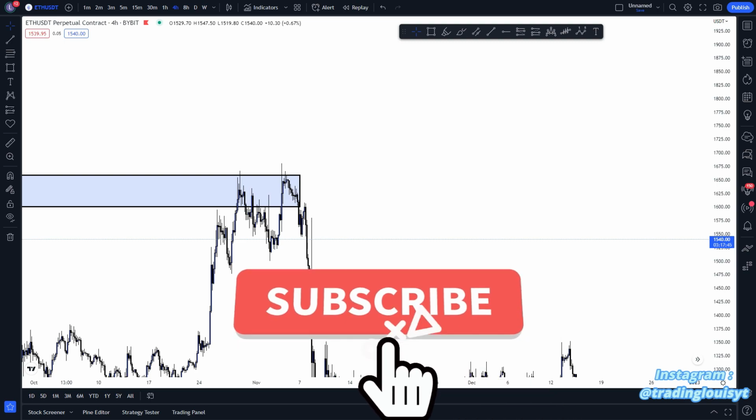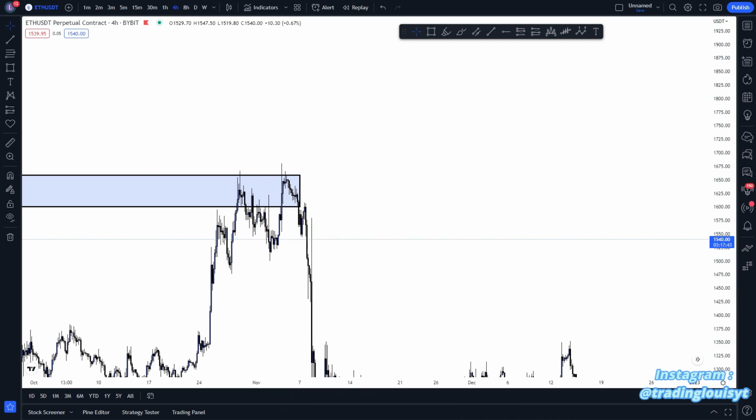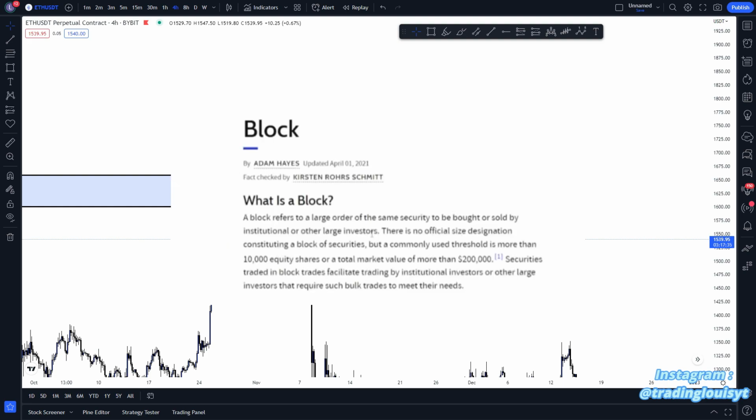So first of all, if we take a look at the definition of an order block, otherwise known as a block. A block, or an order block as it is commonly referred to in day trading, refers to a large order of the same security to be bought or sold by institutions or a large investor.